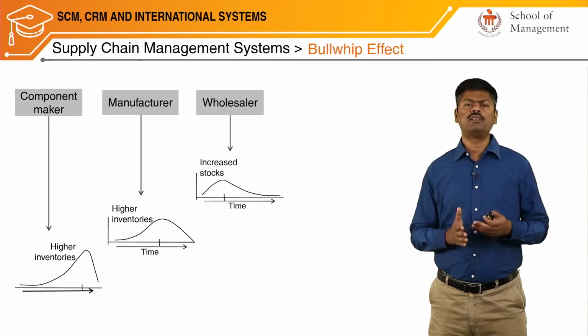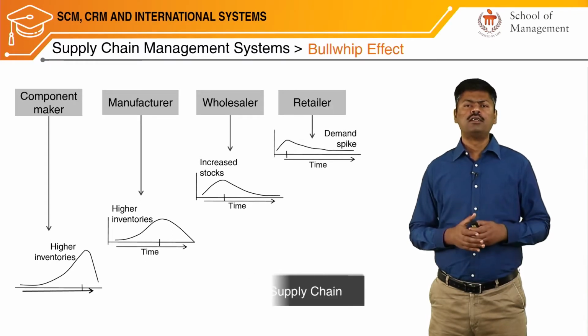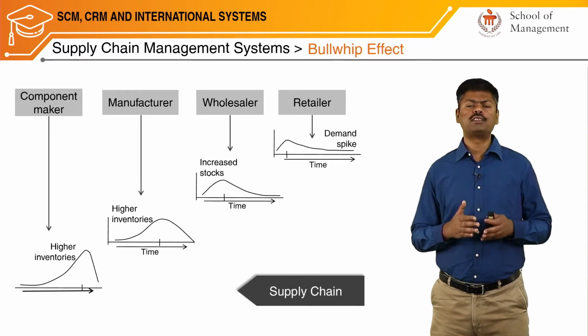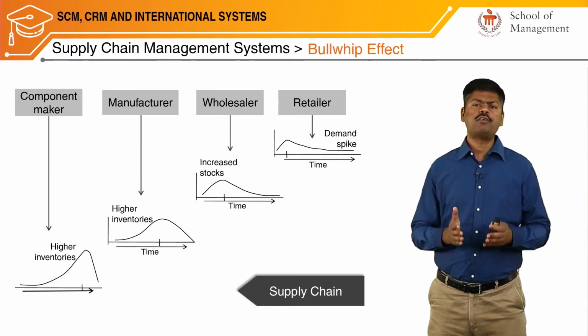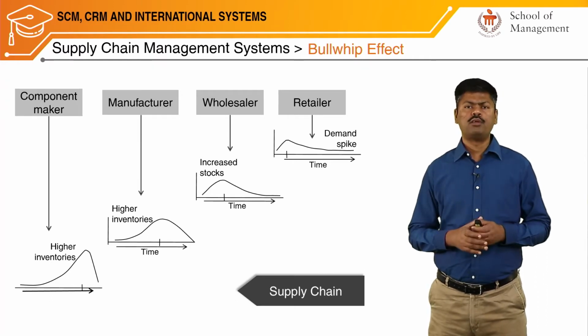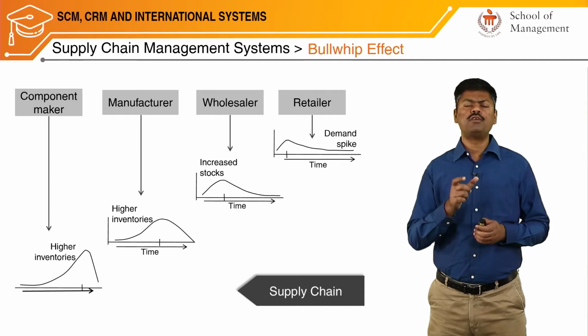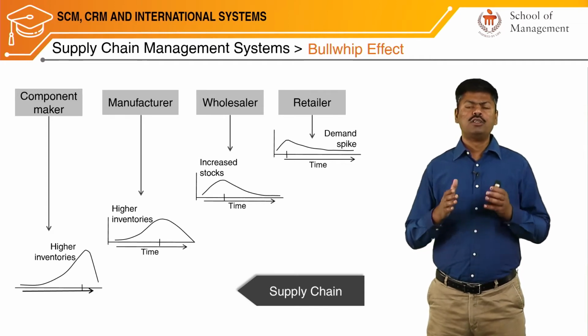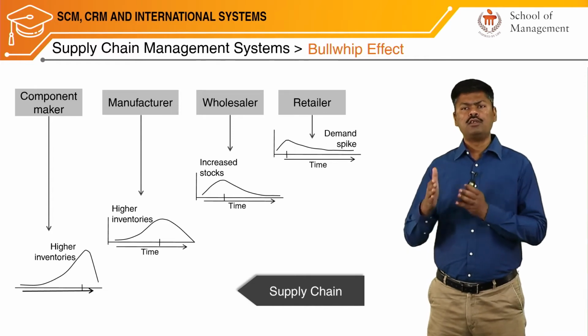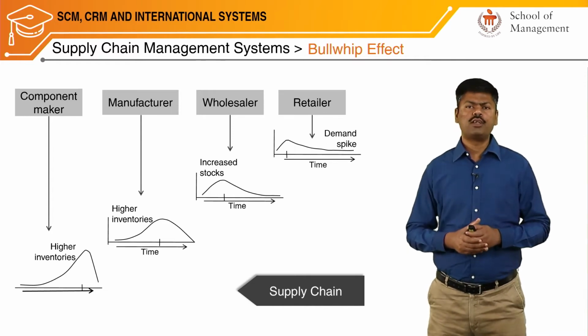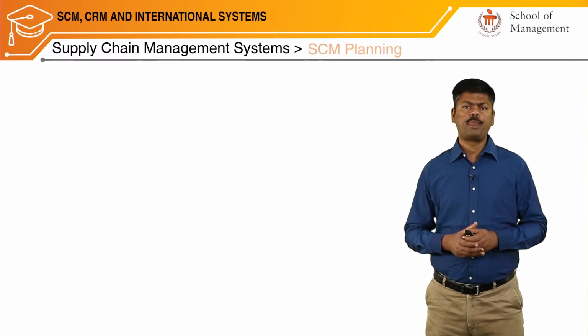The manufacturer after production sends it to the wholesaler, and then the retailer gets his share of the delivery. Now in the whole process, what happens? There is significant time delay. So by the time the retailer gets the product, the demand for the product has risen. Now it is very important and critical to capture and arrest such kind of demand uncertainty, and you can do it using supply chain management systems.